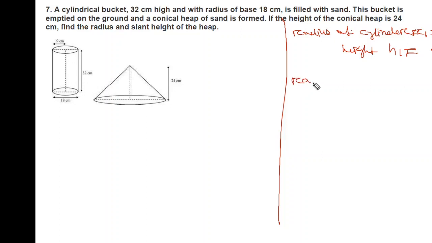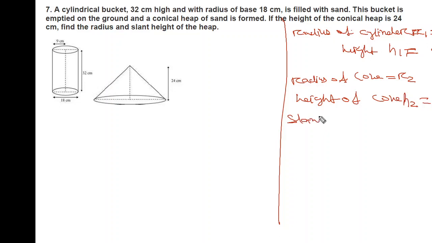So radius of cone equal to r2, which is not known to us. Height of cone H2 is equal to 24 cm. Slant height not given. You can write L.